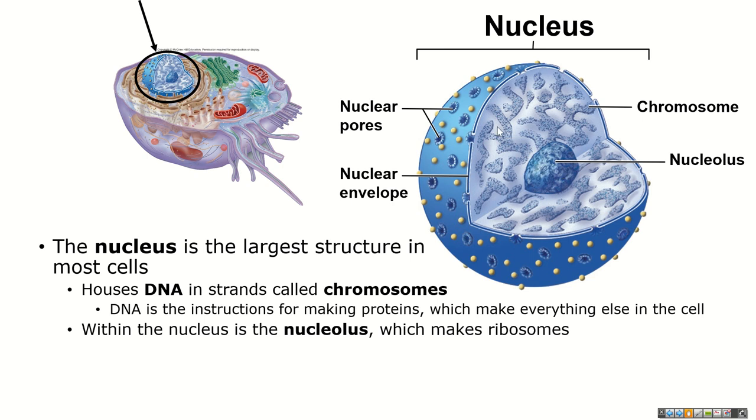Then you get the instructions from a chromosome, give those to the ribosome that you made, and then the ribosome makes the protein. We will talk more about this later. Don't worry if that didn't quite make sense. We will talk a lot about it later in the semester. Just know the nucleolus is inside the nucleus, and it makes the ribosomes.